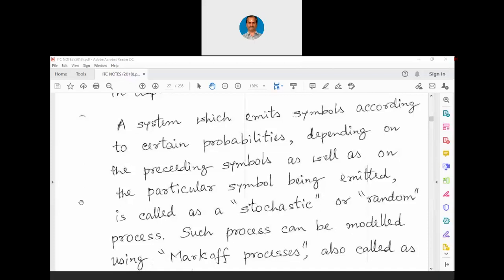Someday when the offline class starts, I will show you a PowerPoint slide where I have made a tabular column of all the radio applications, right from 300 megahertz till 300 gigahertz, which are all the applications we are using for radio communication.